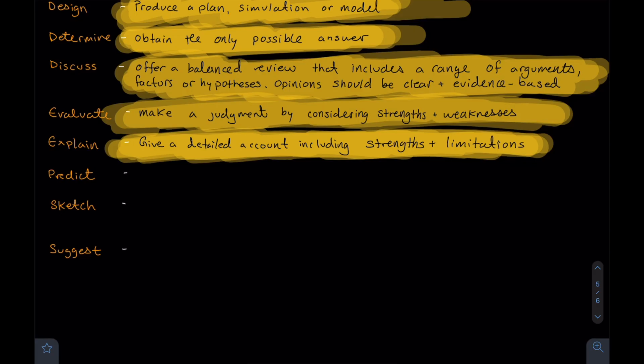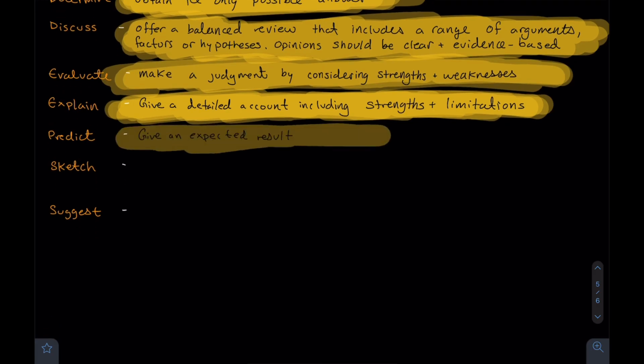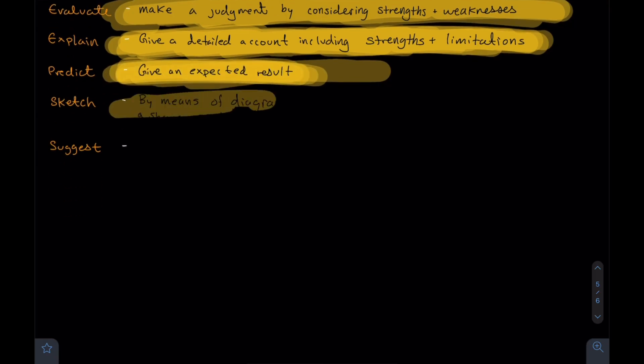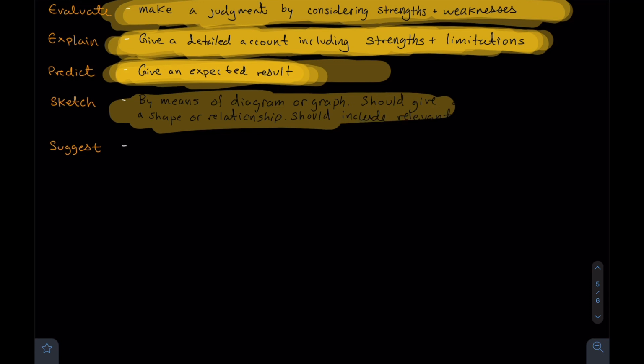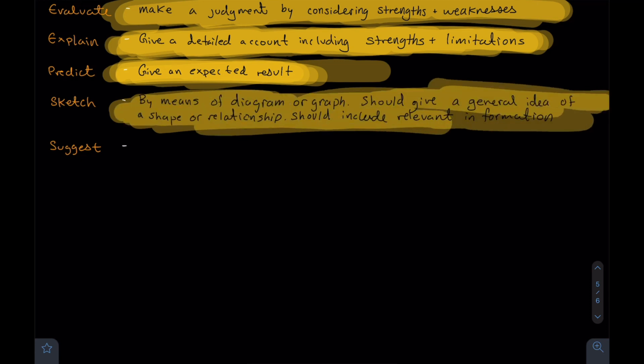If you are asked to predict something, you must make a reasonable guess based on scientific knowledge. If you are asked to produce a sketch, you must, by means of a diagram or graph, convey some kind of information or relationship. Soon, on the next slide, you will see a graph that I drew of enzyme activity and temperature.